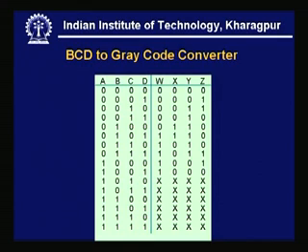So there are 4 outputs. If I use Karnaugh maps for realizing, what will be my functions for W, X, Y, Z?